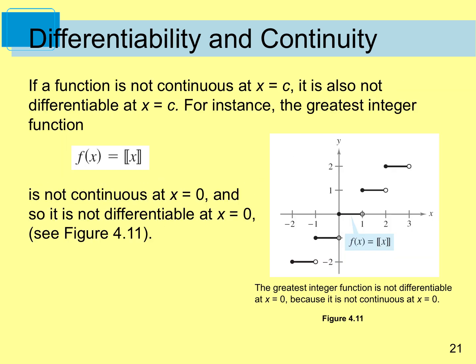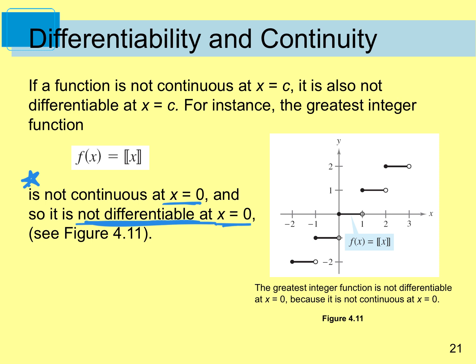If something is not continuous, then it's not differentiable. So here, our function is not continuous at x equals 0, so it's not differentiable at x equals 0. So you need something to be continuous in order for it to be differentiable, in order to find the derivative of it.